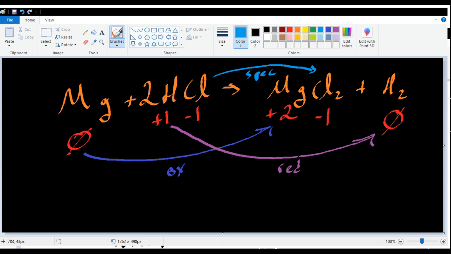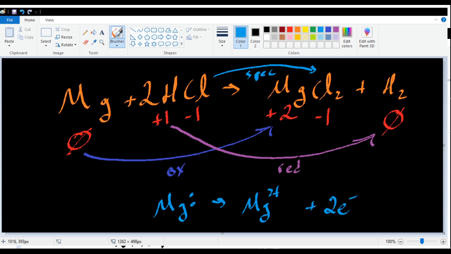So this is why we care about oxidation numbers. They let us keep track of the movement of electrons. Sometimes that is a very explicit, very definite, very real transfer of electrons, as in this case. Magnesium, going back to our Lewis structures, starts out with those two s electrons in its valence shell, and then it becomes magnesium 2 plus with no electrons in its valence shell.